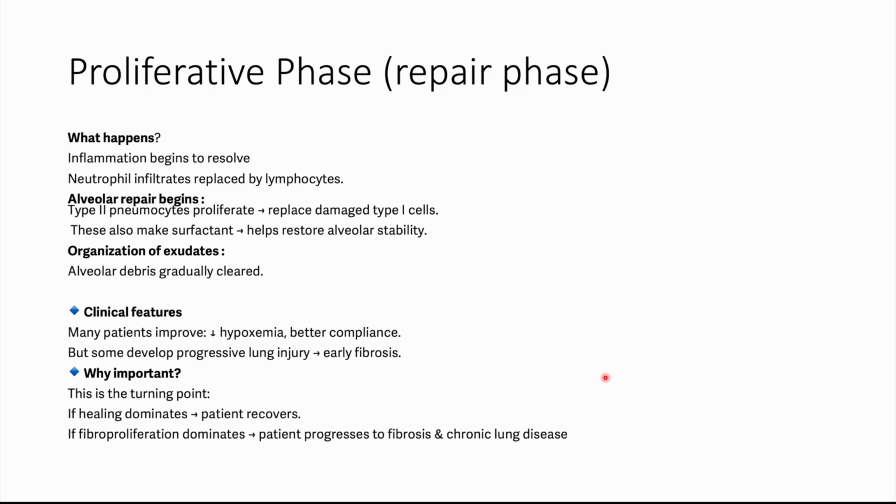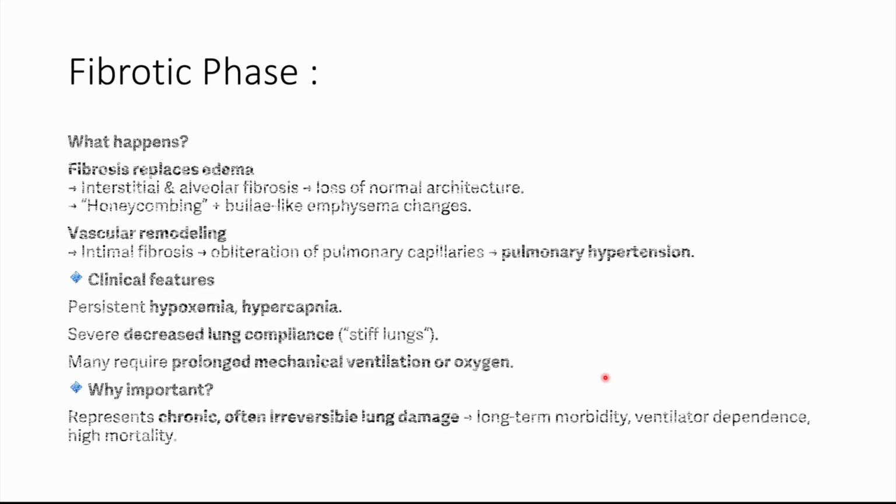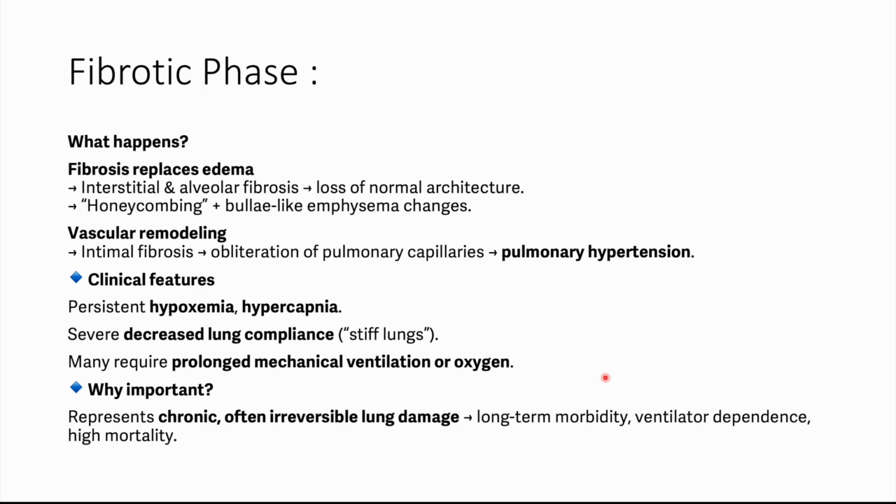If this phase deteriorates, it eventually turns into the fibrotic phase. This phase is the turning point for the patient. Here the lung undergoes permanent scarring, and alveolar walls are destroyed and replaced by fibrosis.